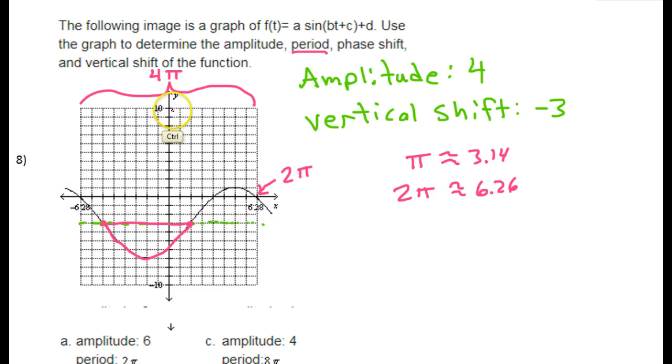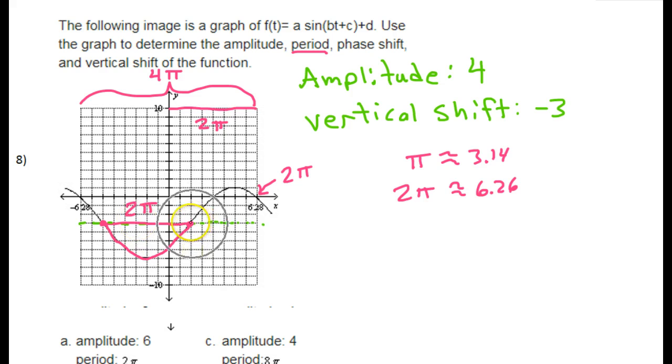Now if I count the squares just on the graph itself, it's 1, 2, 3, 4, 5, 6, 7, 8. So 8 squares is 2 pi.